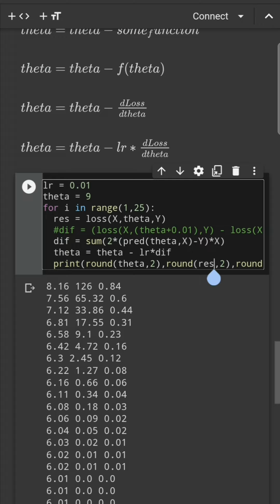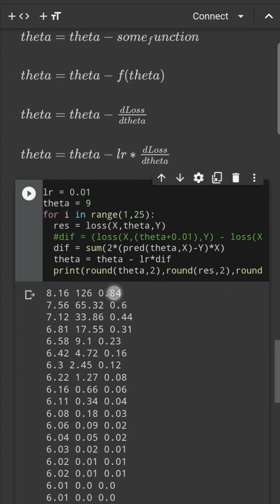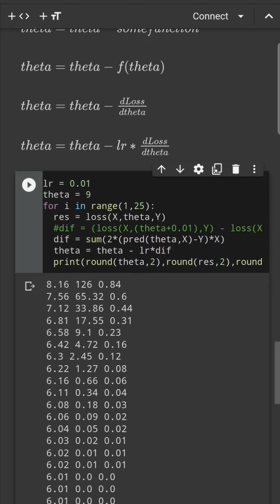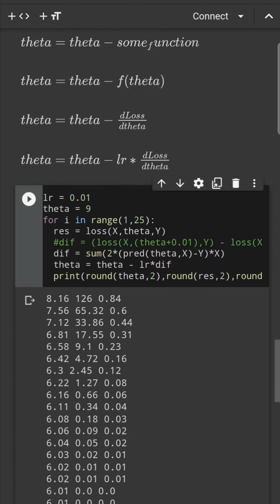So you can see over here, when I had my theta 9, probably I got the differentiation at that point equal to 0.84, right? So I subtracted 0.84 from 9, so I got the value 8.6, and the loss at 8.6 was 126, which is not good. So again this for loop will loop through, and we will again execute this statement.